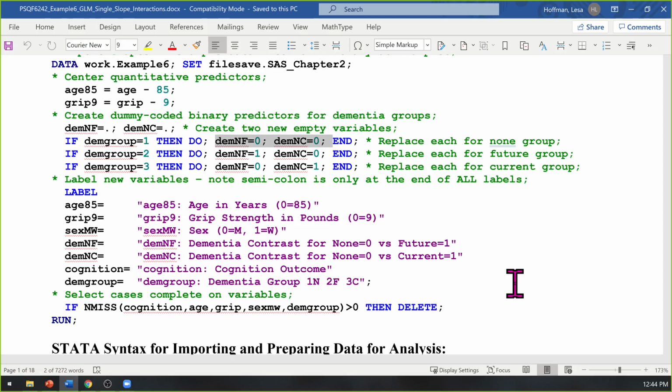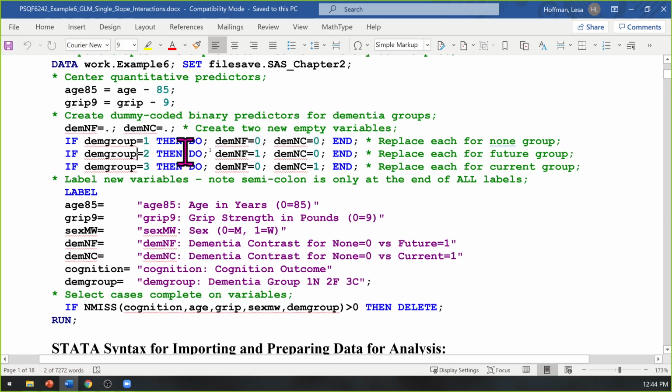Ding, ding, ding. Yep, and that's going to be my reference group, because the intercept by definition is the expected outcome when your predictors are 0. So I'm setting it up so that the intercept of the model refers to somebody who belongs to the none group, who is 85 and who has a grip strength of 9 pounds. That's my reference individual.